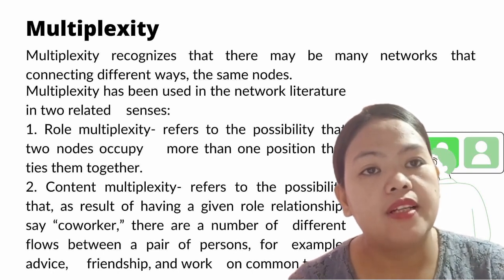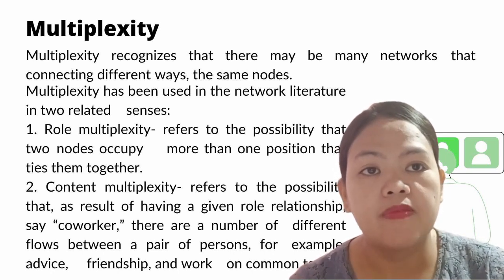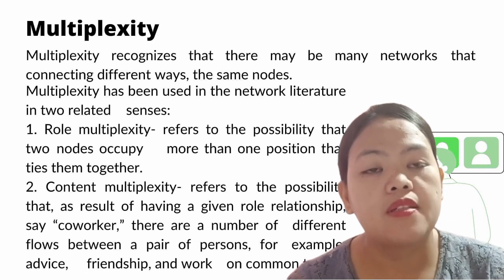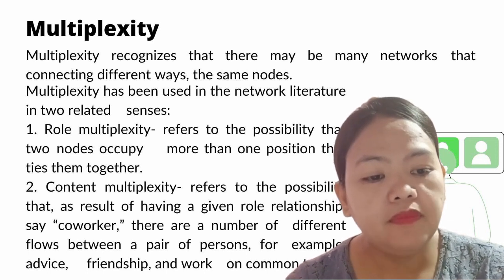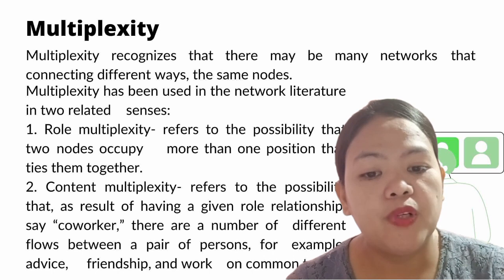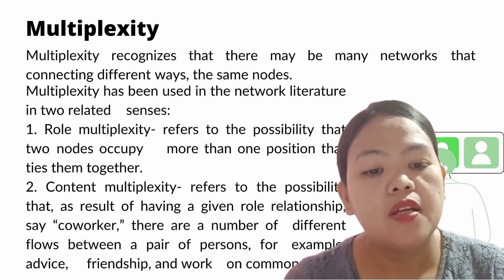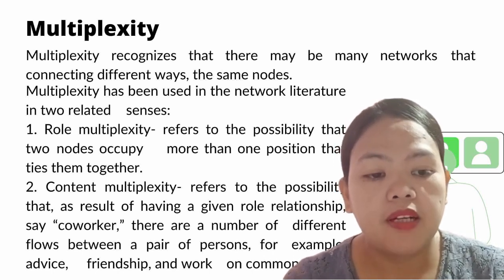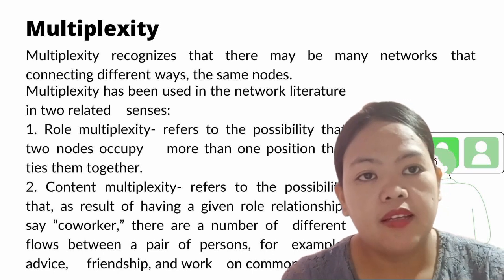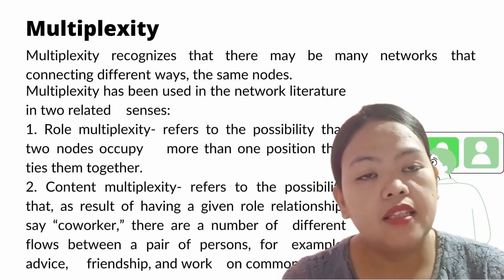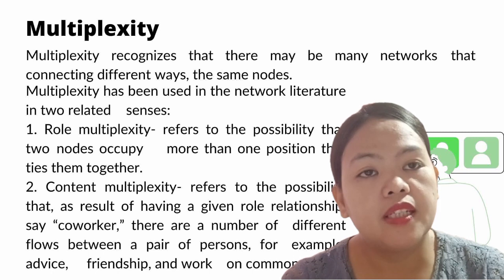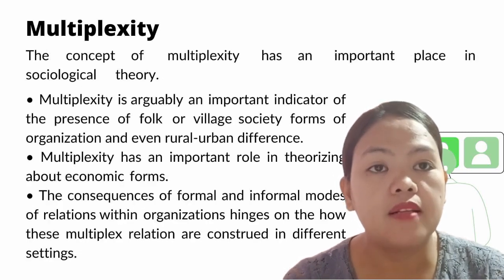It can also relate to the concept of homophily, which is the tendency to form social connections with people who share the same characteristics like age, gender, ethnicity, socioeconomic status, or personal beliefs.